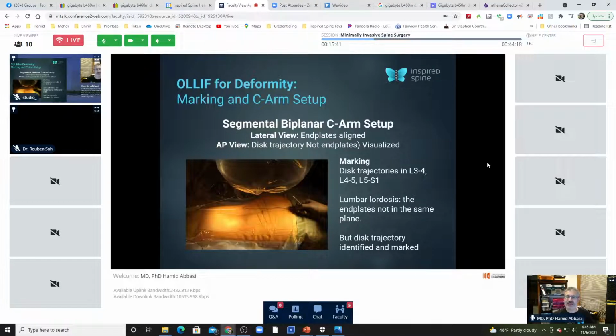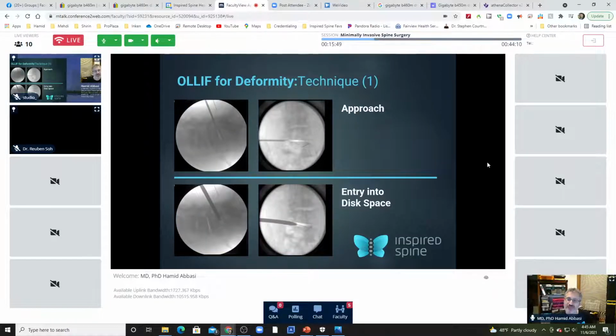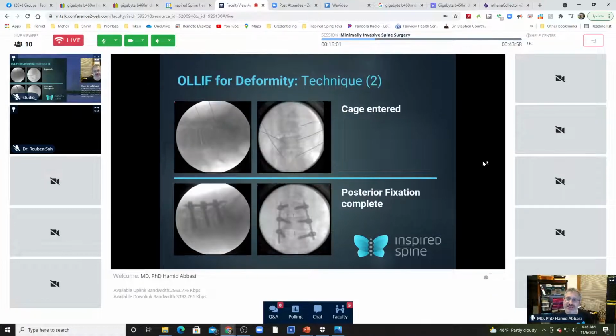And this shows on the skin the direction and trajectory of the disc that is important to mark during the surgery. And then we enter the disc after we use a neuromonitoring probe, make sure that we are not too close to the nerve. We then put a K-wire. Over the K-wire, a dilator is placed, and then a cage is strategically located to correct for deformity.